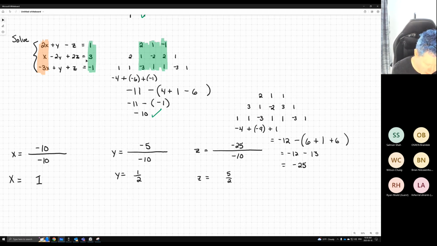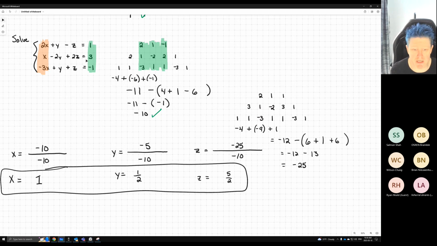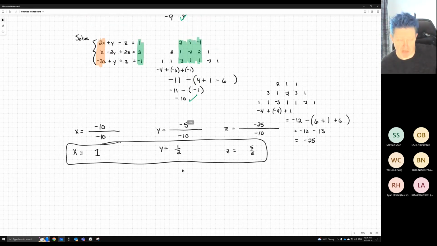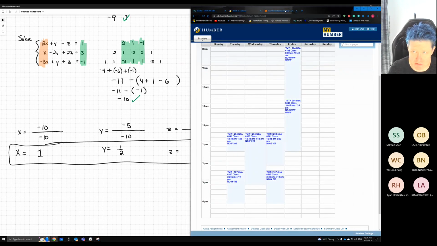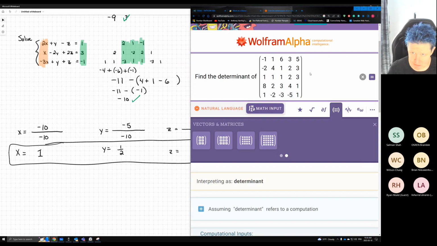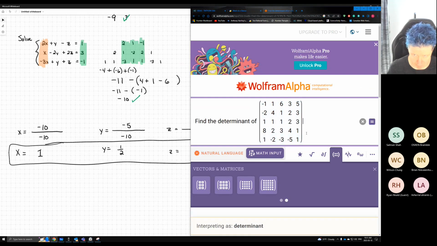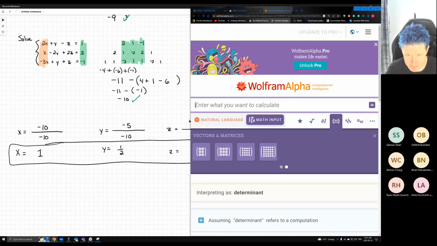If you are ever calculating solutions to large systems by hand, I highly, highly recommend you check your answer with something else because it's very easy to make mistakes. Now, on a test, you don't have an option for checking your work.